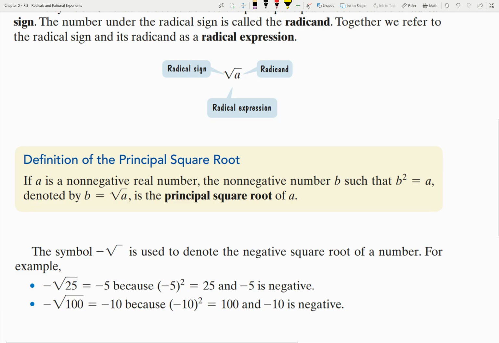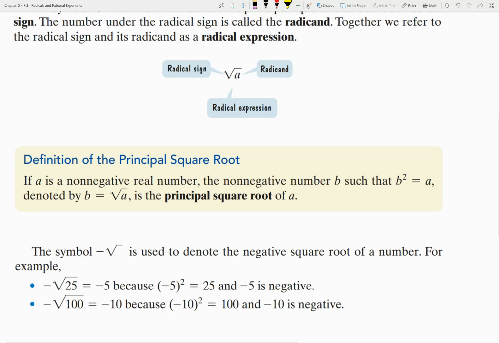We also don't say just positive, because underneath the radical can be a 0. We usually use the term non-negative for that, because it is possible for it to be 0. So if a is a non-negative real number, the non-negative number b, such that b squared is equal to a, is denoted as b equals the square root of a, and that is the principal square root.